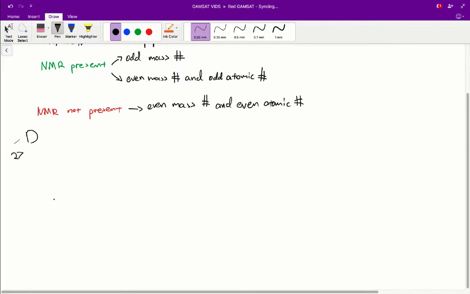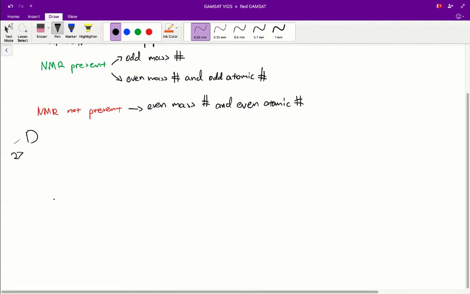Alright, question 27. In which one of the following lists does NMR occur in all of the nuclei? Pretty similar to just before, we've just got to work out the mass numbers and the atomic numbers. So, let's have a look at B. We know for NMR to occur, there has to be an odd mass number. So that immediately looks good for 3 helium, 19 fluorine, and 31 phosphorus, because they all have odd mass numbers.